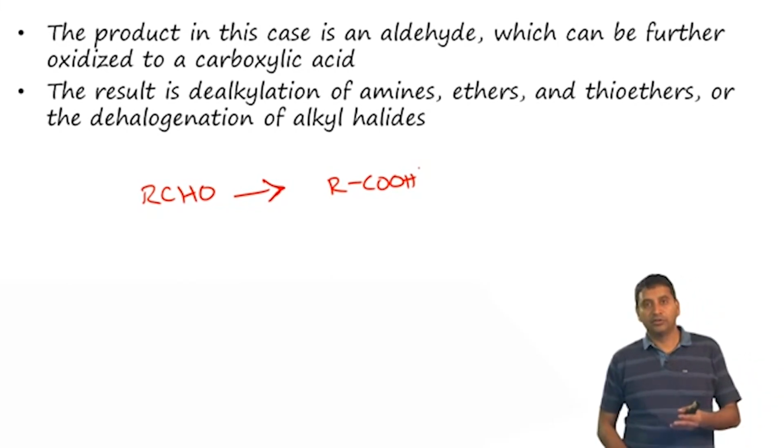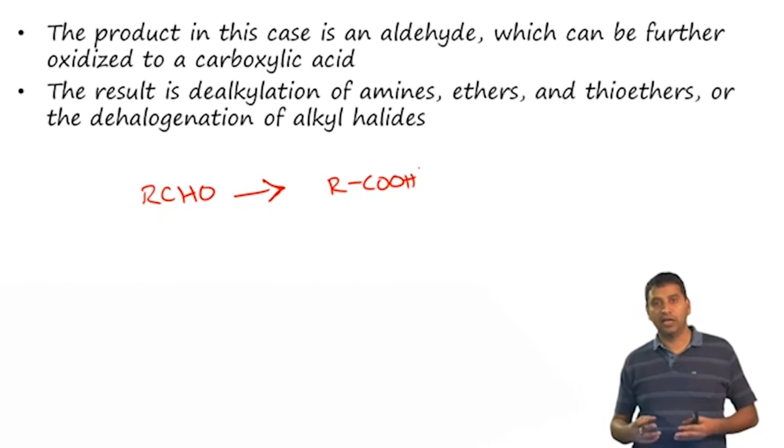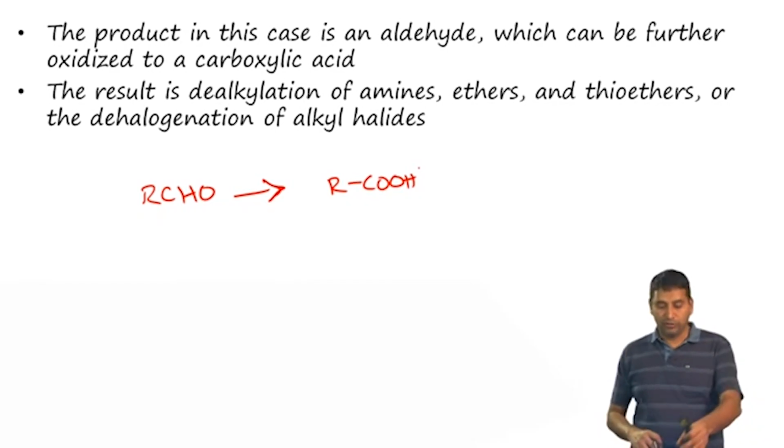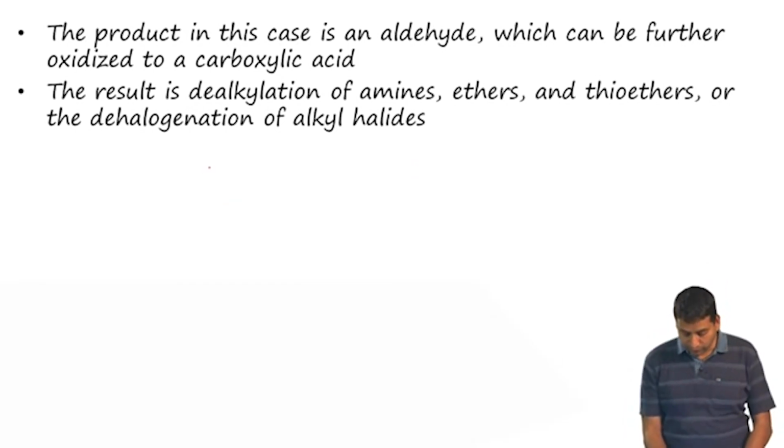And the result of this whole process is dealkylation of amines, ethers or thioethers, and we have not looked at it, but dehalogenation of alkyl halides can also occur. So, the way in which dehalogenation of alkyl halides occurs is in the following way.